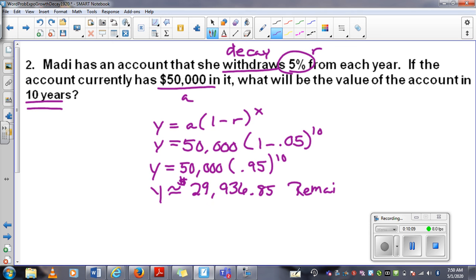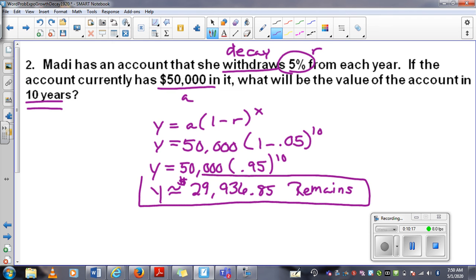Be very careful, because if they asked you how much did she withdraw, that's a different question. This is how much remains in the account after 10 years, but if she wanted to know how much she withdrew, she would have to do 50,000 minus 29,936.85.